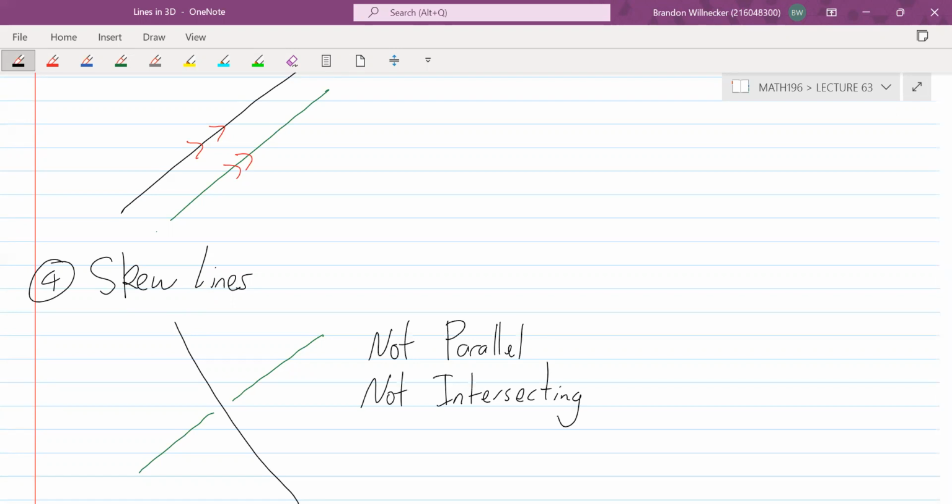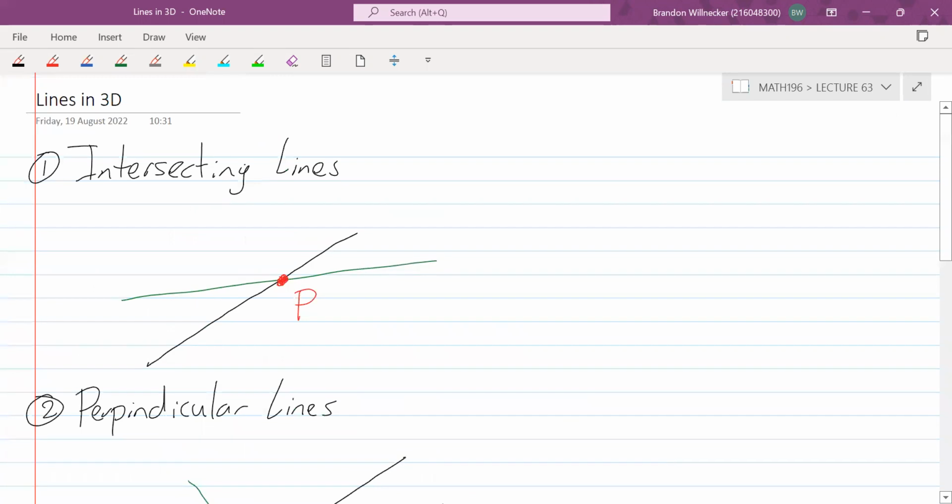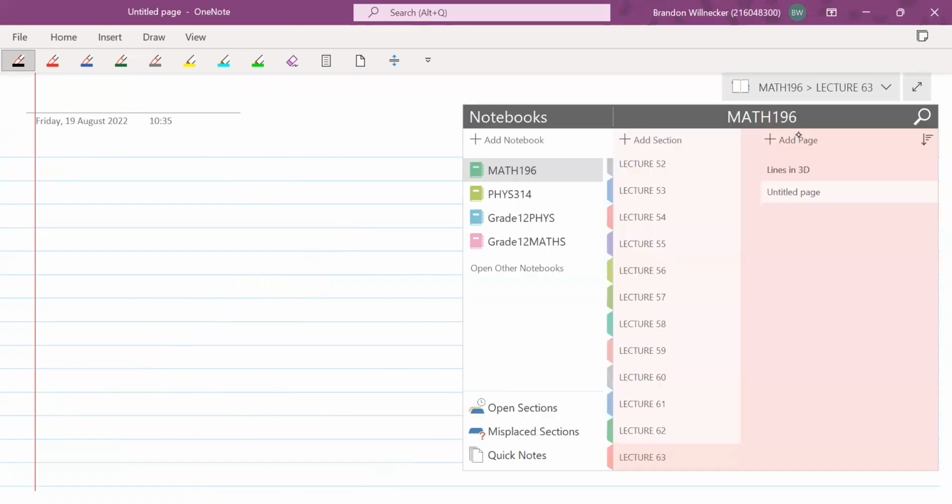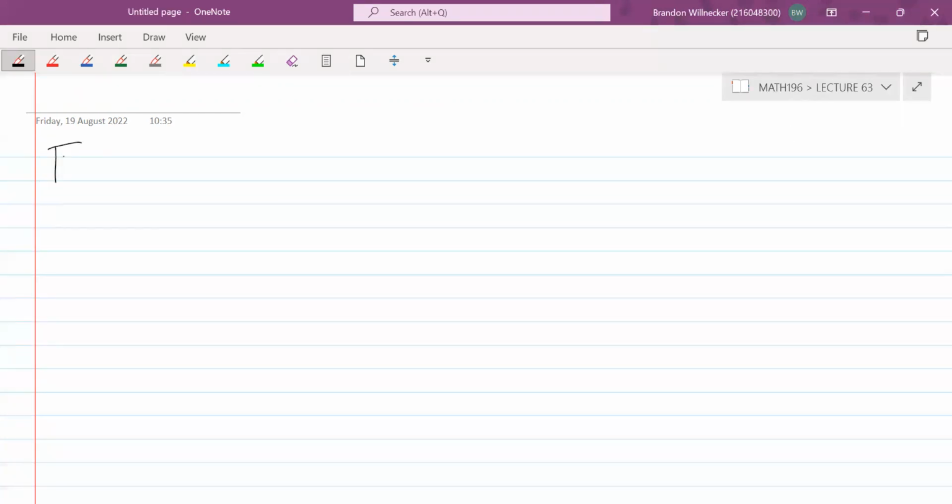So let's have a look at some examples with these. We'll start off with intersecting lines. So given two lines, we want to find, is there some point P that is common to both of them? So example one.